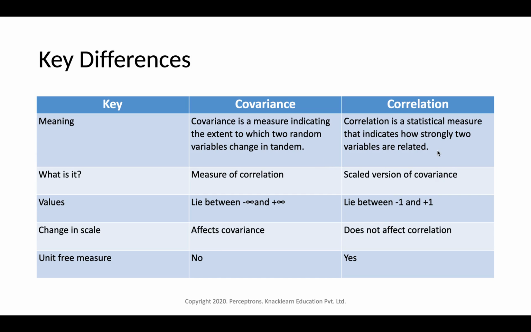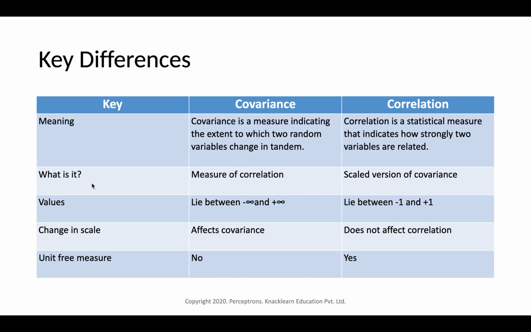And correlation is a statistical measure that indicates how strongly two variables are related. Within a scale of -1 to +1, we can get the relationship strength also. In covariance, it just gives us the direction and the extent to which they are related. But in correlation, we can measure the direction as well as the strength of the data.